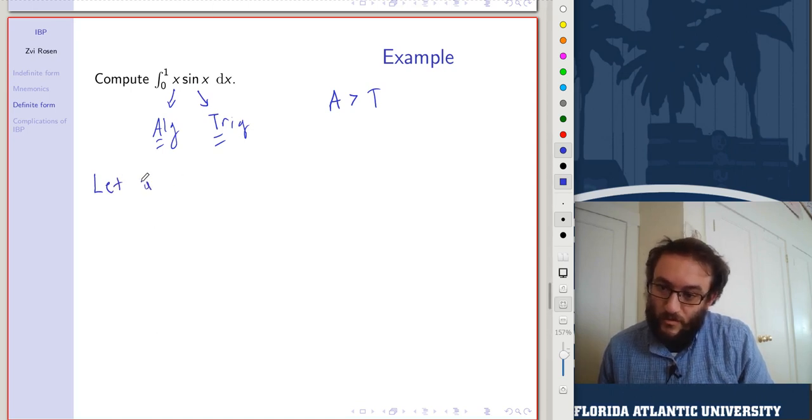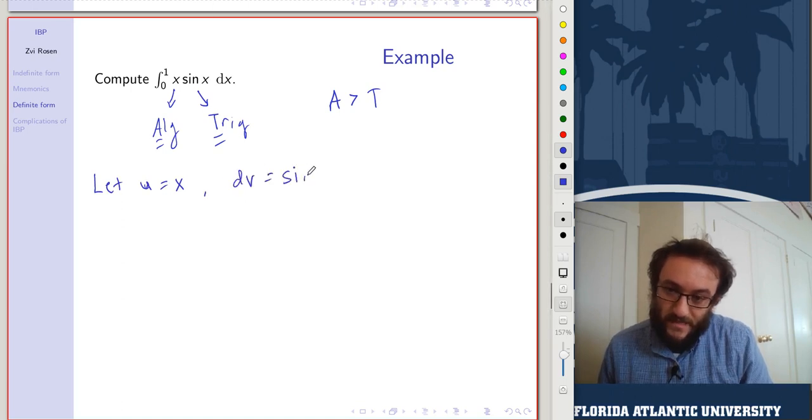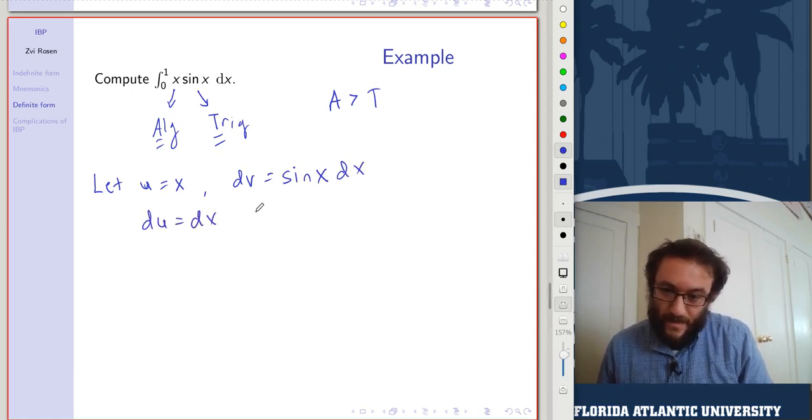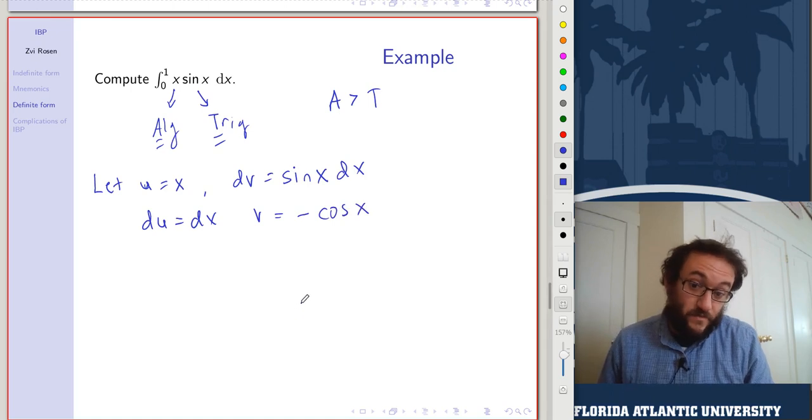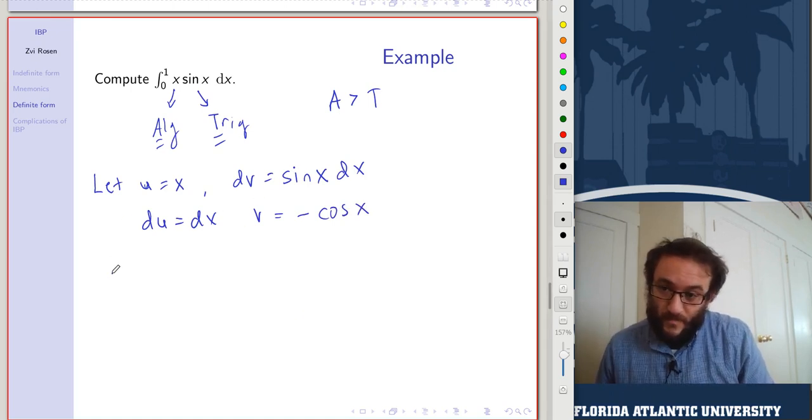Let u equal x, which means that dv equals sine x dx. And that means that du is dx, and v is equal to minus cosine x, which is the antiderivative of sine x.